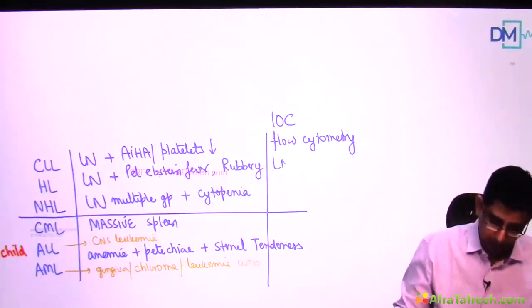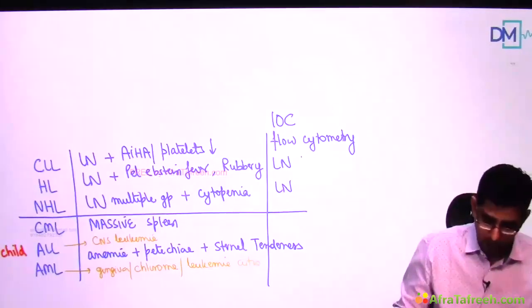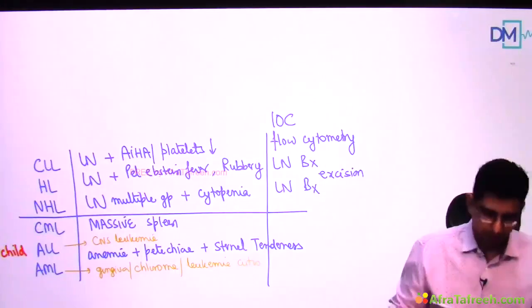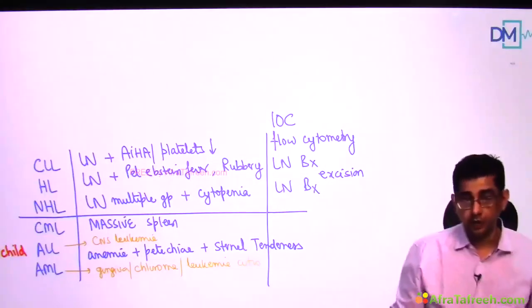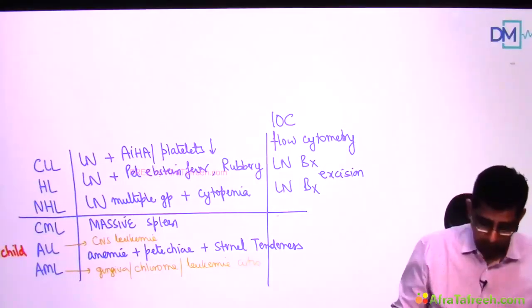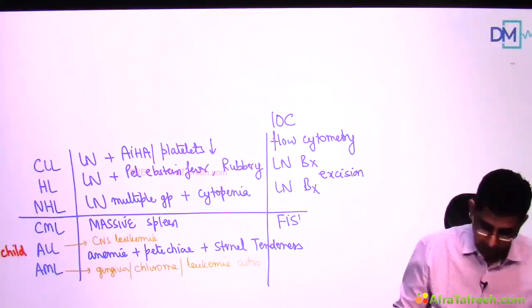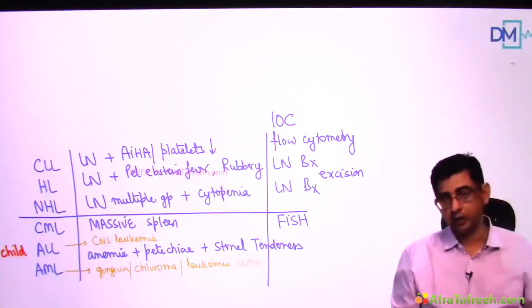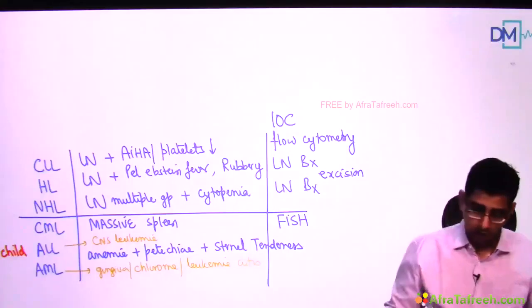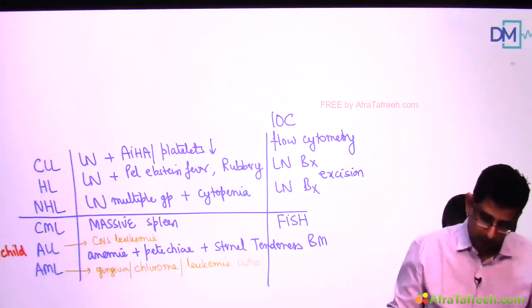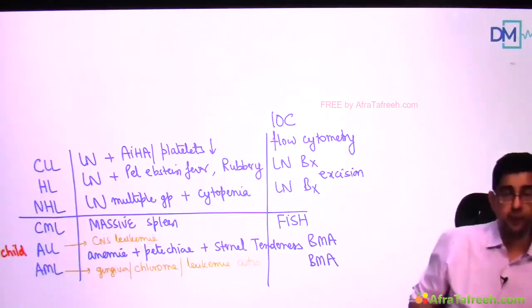Excision lymph node biopsy is only to be answered for patients who are having Hodgkin's and non-Hodgkin's lymphoma. For chronic myeloid leukemia, it is FISH, fluorescent in situ hybridization, to demonstrate the t(9;22) reciprocal translocation, and bone marrow aspiration is the investigational choice for both acute lymphoblastic leukemia and acute myeloid leukemia.